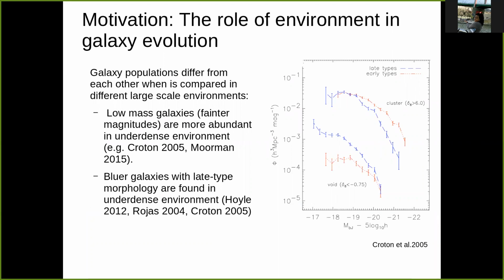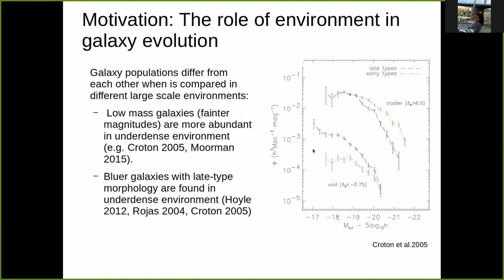Let me start with a brief motivation about the role of the environment in galaxy evolution. If you compare two galaxy populations living in different large structures, the galaxy properties are different. This plot illustrates the luminosity function for different environments: clusters, which are dense environments, in comparison with underdense regions that are called voids, and I will talk later about this.